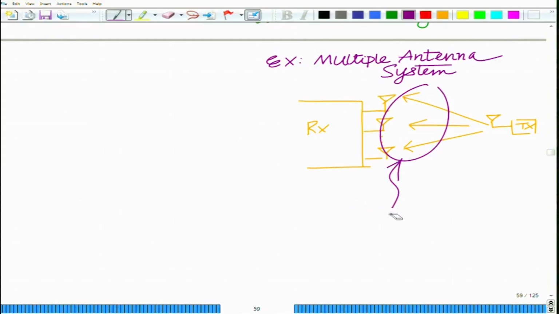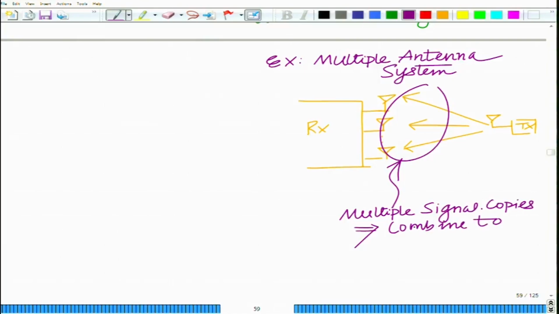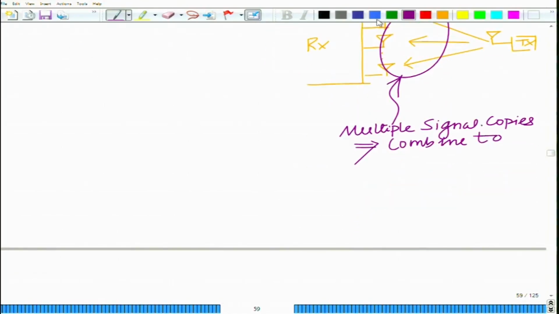Diversity means several, that is the English meaning of the word diversity. And these multiple signal copies you combine to enhance the signal to noise power ratio as well as reliability.